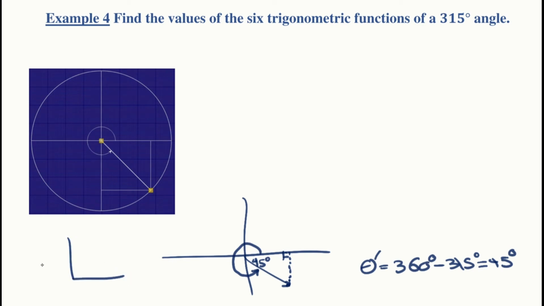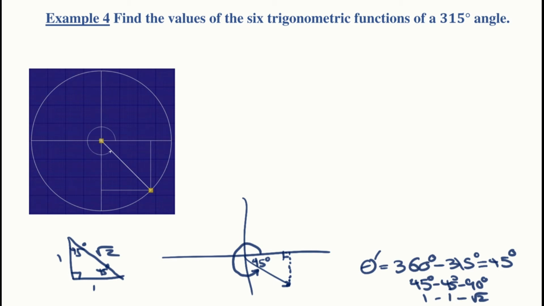Because now I know that for a 45, 45, 90, I have 1, 1, square root of 2. Remember, we had this little nice thing to help us remember it. That goes with 1, 1, square root of 2.